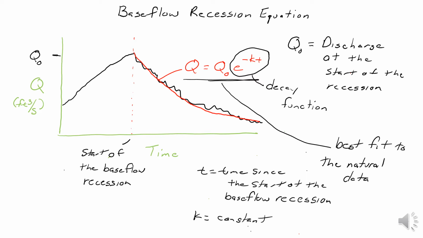And K is a constant, a decay constant, and it's going to be unique to each drainage basin. Okay. So really we just have an equation that describes the tail off in discharge in a stream that's due to groundwater. Okay, and that's kind of where we ended last week.